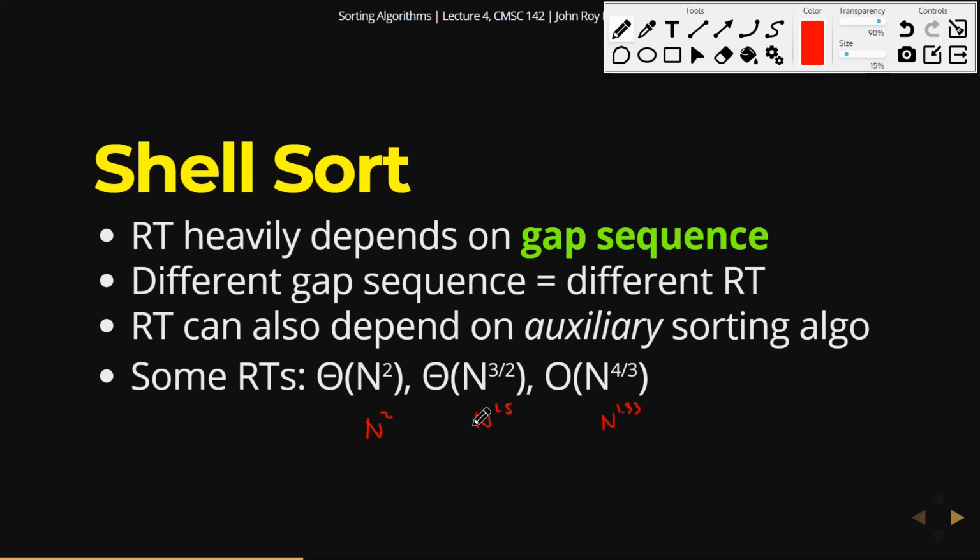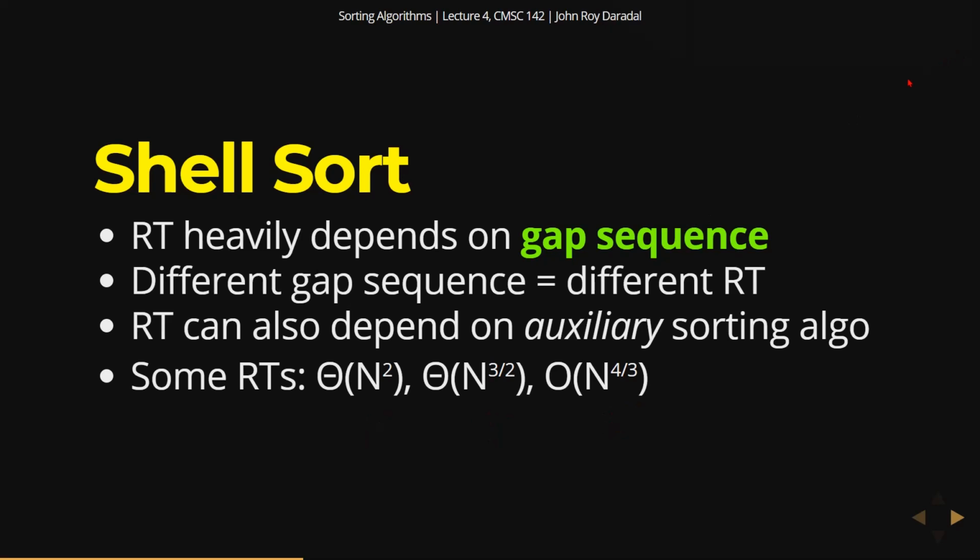So that is better than n squared, because this is 1.5, this is 1.33, but it's still not O of n, right? Because you're still doing repeated iterations, depending on the gap. Okay, but at least it's an improvement on bubble sort and insertion sort and even selection sort. Okay, so that is shell sort.